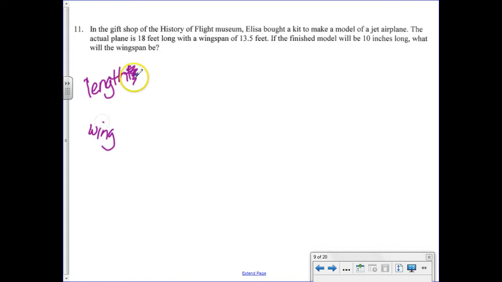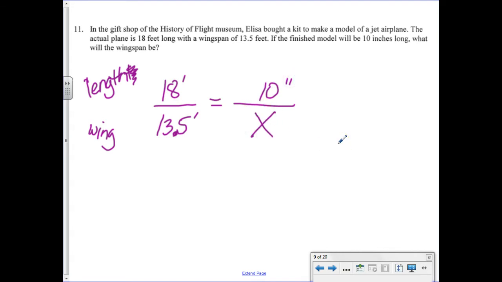Okay, so if I set my proportion up this way, where I'm going to say the length is on top, that's 18 feet, and then 13.5 or 13 and a half feet, that was the wingspan. Here's the real one, here's the model. 10 inches long, 10 goes on top, that's inches. We're going to find the wingspan here. All right, your answer will come out in inches. You don't have to convert any units here, it's all good.